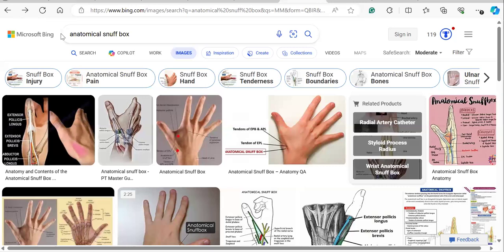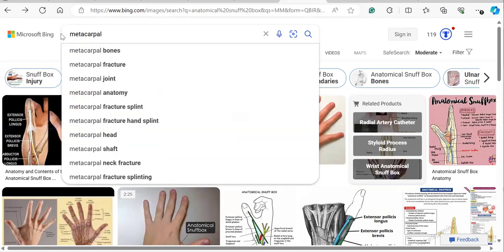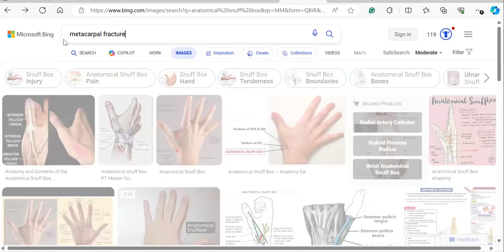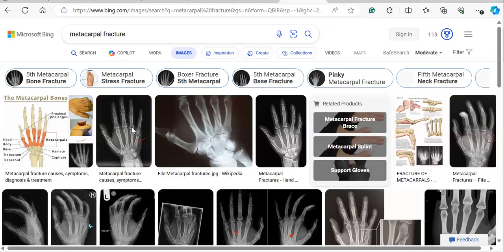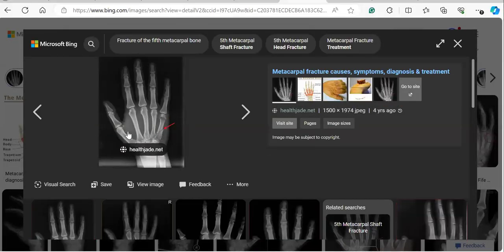So let's have a look. A metacarpal fracture looks like this. This is the metacarpal bone, as you can understand. For metacarpal fracture, you will need to reduce it if needed. If it is well aligned, then there is no need.